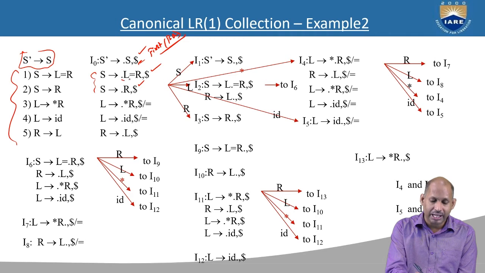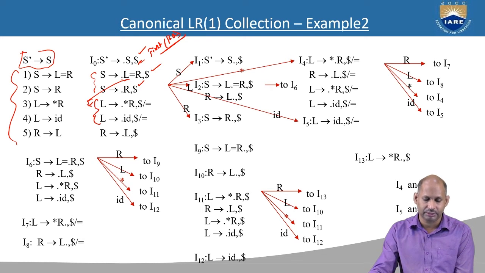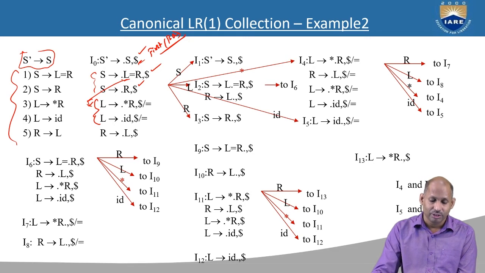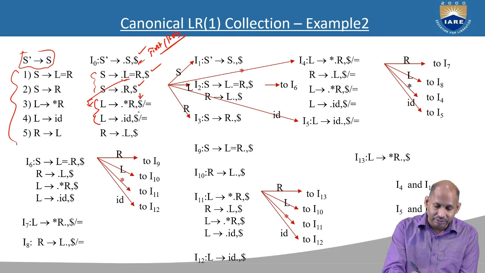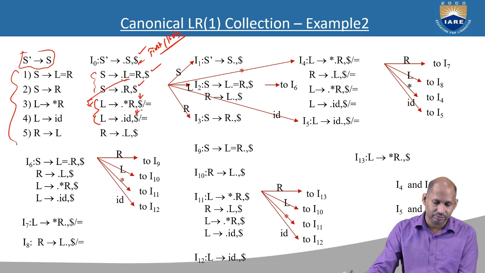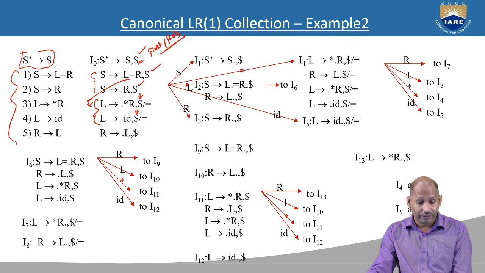Then dot L, this results in these L productions. Then what is the first of beta A? So it is a dollar sign. Wait, it is not completed till now. At present, it is only the dollar sign.